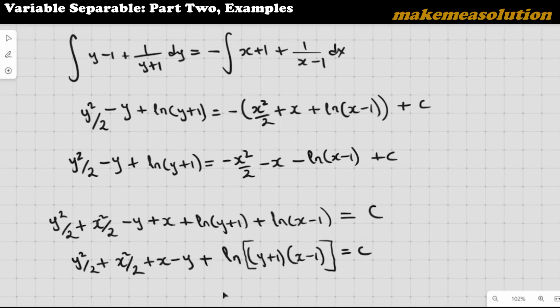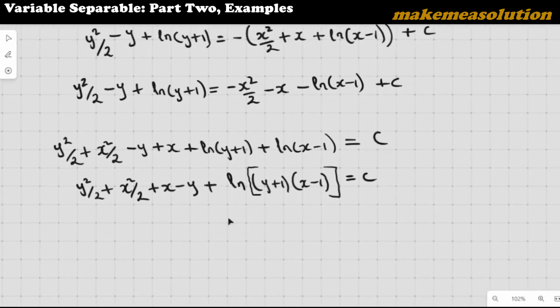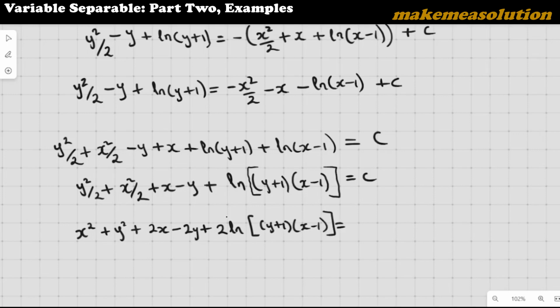So if you happen to multiply everything by 2, let me just arrange it in this form. I'll have x squared plus y squared plus 2x minus 2y plus 2 natural logarithm of y plus 1 and x minus 1 is equal to 2c.